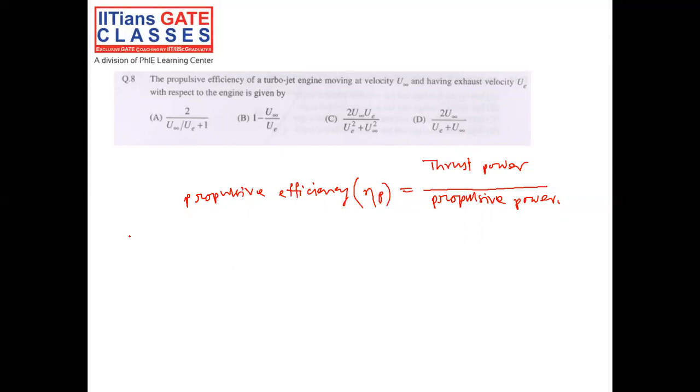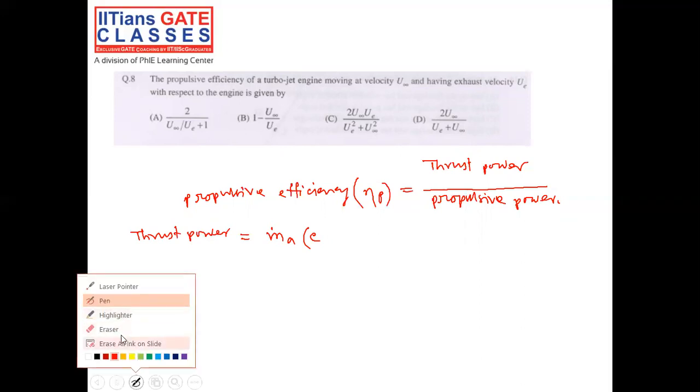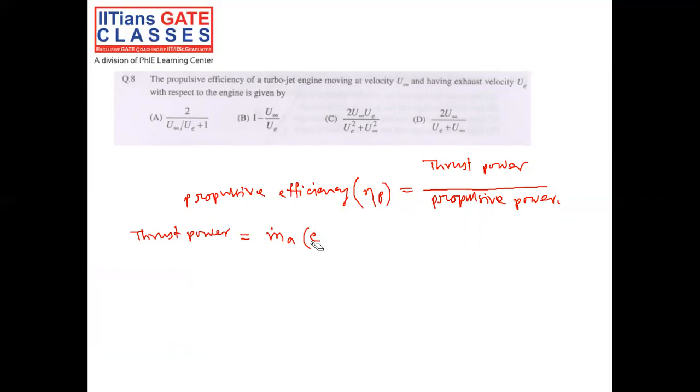Now the thrust power of the engine is defined as the thrust produced by the engine, which is m dot a multiplied by ue, which is the exhaust velocity, minus u infinity, which is the velocity at which the aircraft is moving.